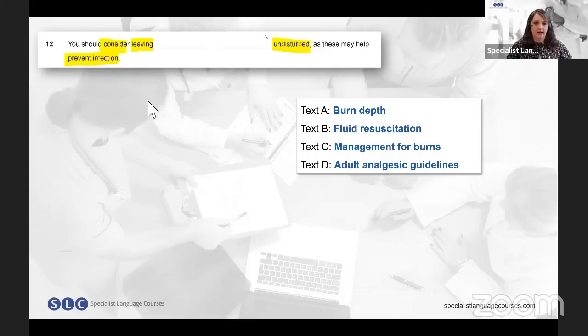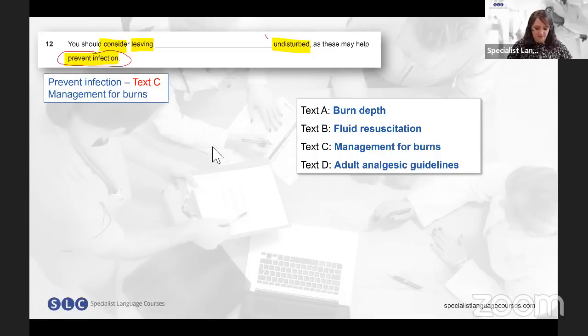So we're looking at which text we need to check first. And we've got our keyword here, prevent infection, which then probably leads us to text C. We're looking at preventing infection, management for burns. And then we've got our keywords in there. Now, we're going to use our grammar knowledge, our prediction strategy here.